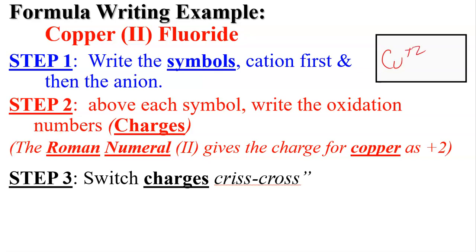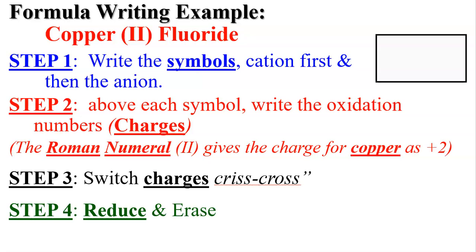Copper, Cu +2, F -1. Then, just like we did with our normal ionic compounds, we're going to switch our charges. So +2 will go over here, +1 will go over there. And that gives us copper, Cu, with a subscript of 1. And we have fluorine, oops, that's supposed to be blue.